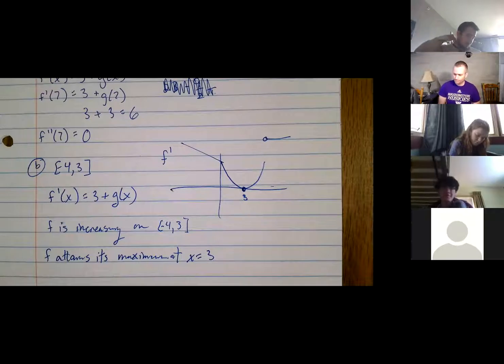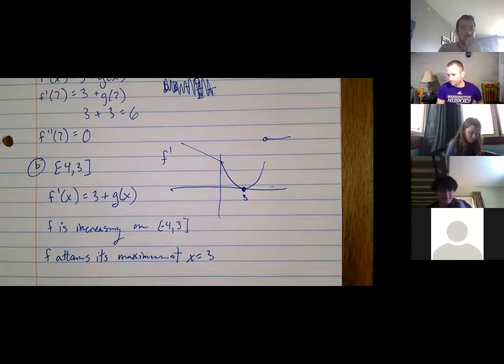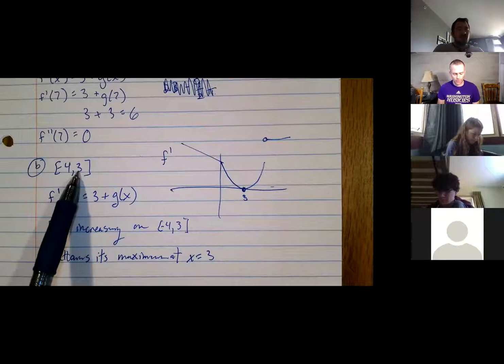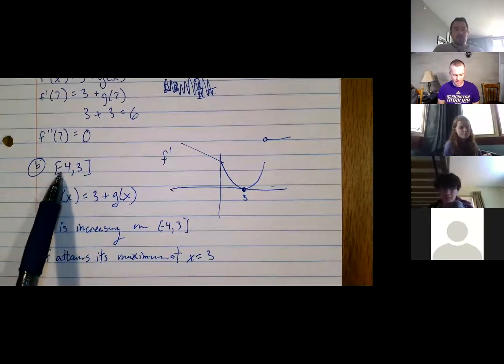So f attains its maximum value at x equals 3 because that's where f is 0 on the graph? No, it's not because it's where f is 0. It's because from -4 to 3, there would only be 2 critical numbers, the endpoints, -4 and 3.